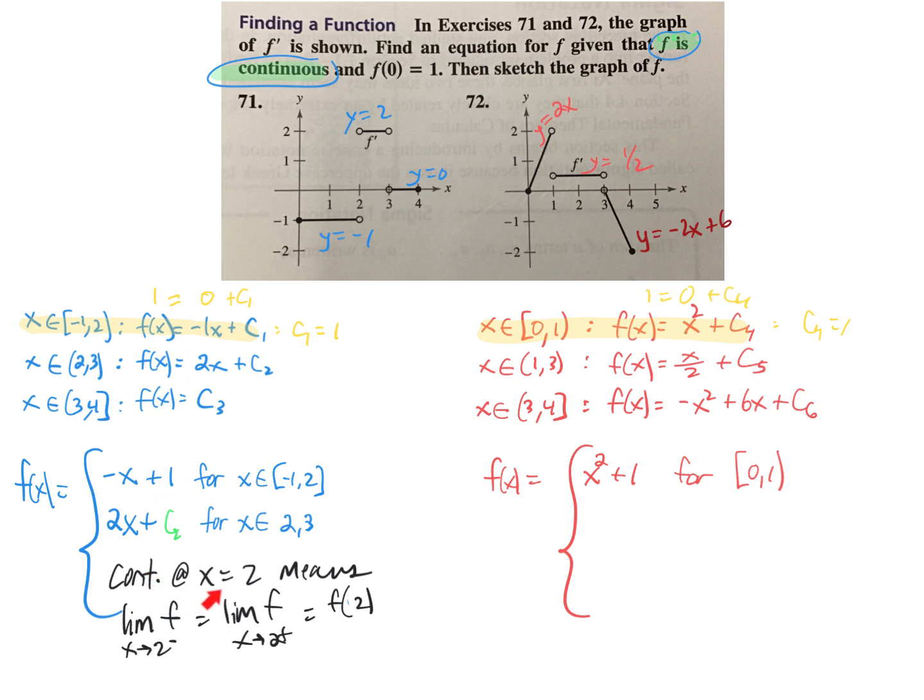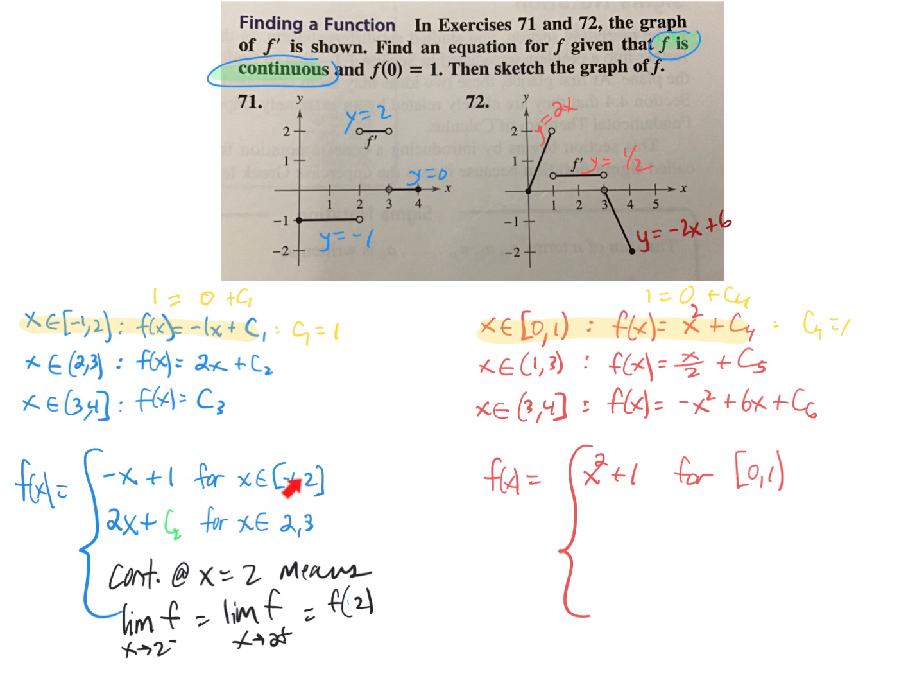So if it's continuous at 2, that means the limit as you approach 2 from the left is exactly the same as the limit as you approach 2 from the right. And it's also equal to the exact value of the function at x equals 2. Well, we already know from the first one that as we approach 2 from the left, going from negative 1 to 2, and including 2, our function is defined as negative x plus 1.